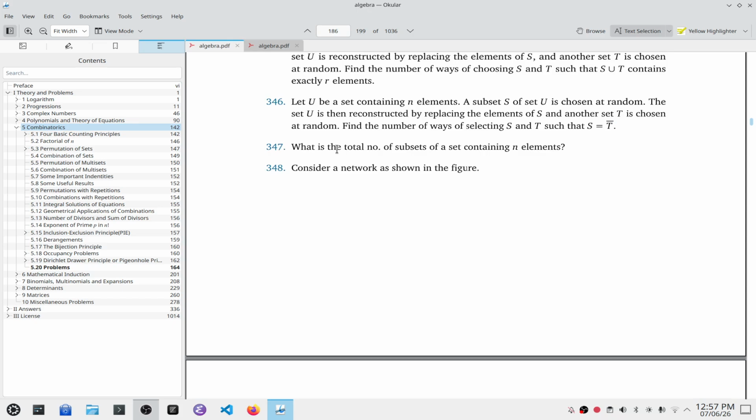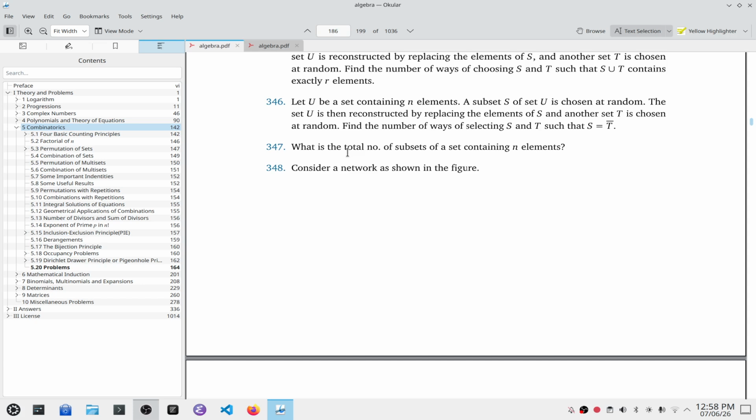This you can prove by binomial theorem as well. We will see when we study binomial theorem, what happens is the expansion of 1 plus x to the power n is nC0 plus nC1 x plus nC2 x square plus nC3 x cube and so on up to nCn x to the power n.